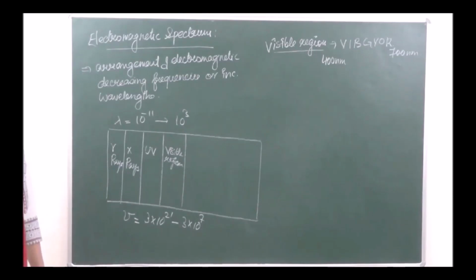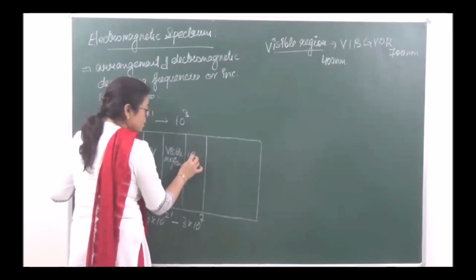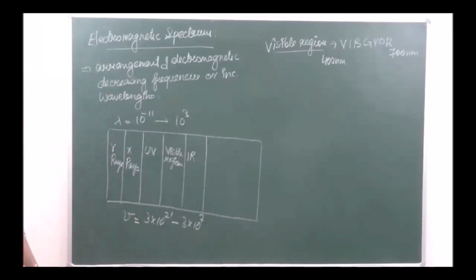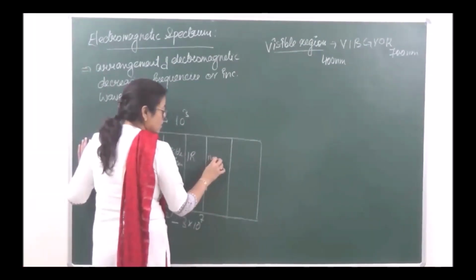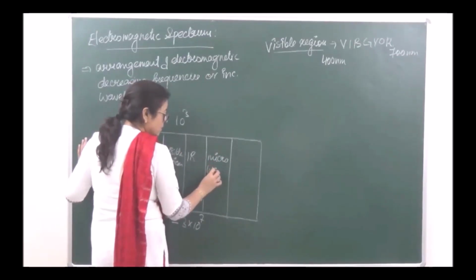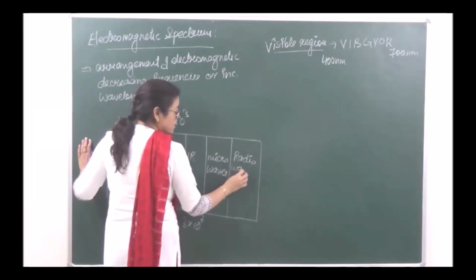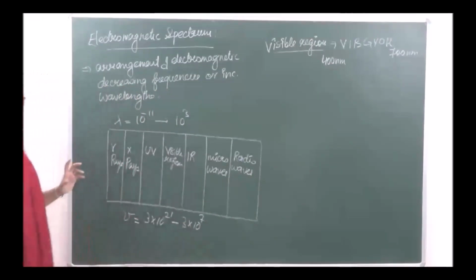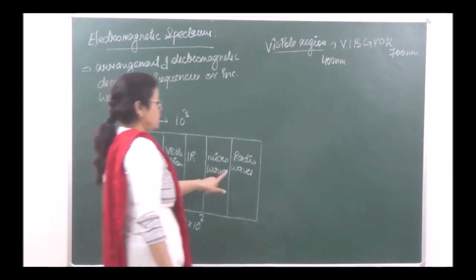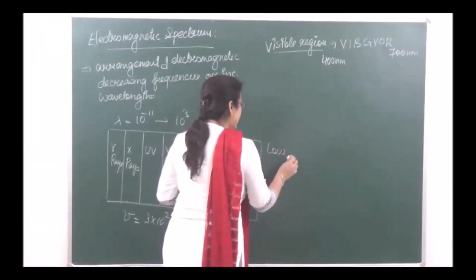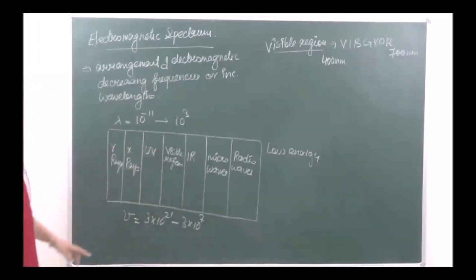Then after the visible region is the infrared region. After the infrared we come to microwaves, and then the radio waves. Right? Now we have to remember over here that radio waves have low energy, but what happens to the wavelength over here?